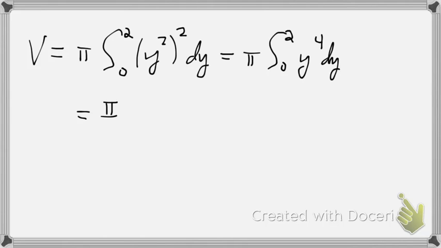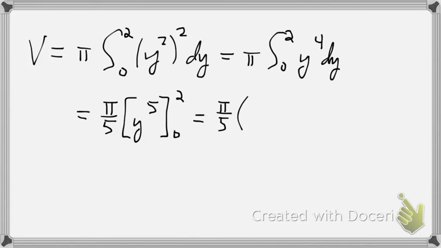Antiderivative, 1/5 y to the 5th. We have a pi out front. So pi over 5 y to the 5th, limits going from 0 to 2. If I plug in those limits, that's going to be 32 minus 0. Do you guys agree? Yes?